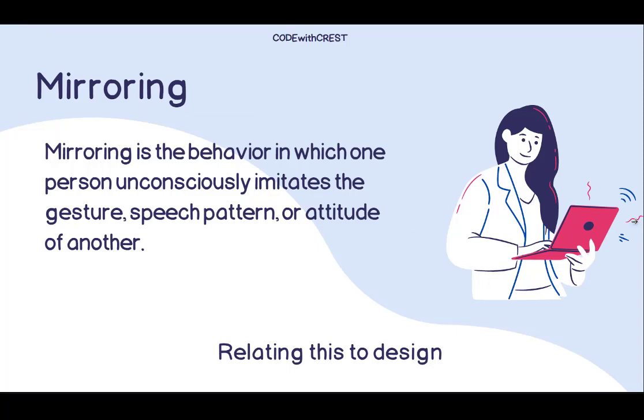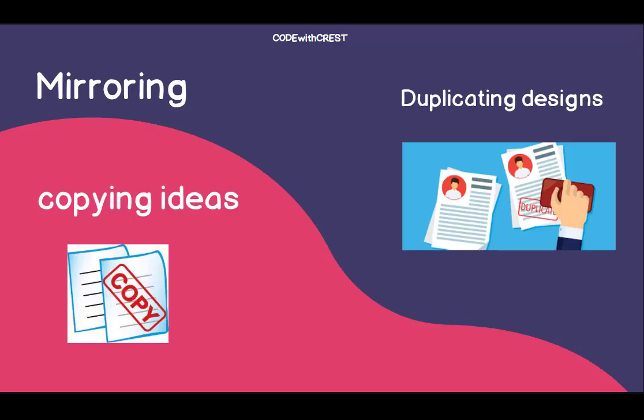Mirroring is the behavior in which a person unconsciously imitates the gesture, speech patterns, or attitude of another. Relating this to design, mirroring can also be termed as copying ideas or duplicating designs.